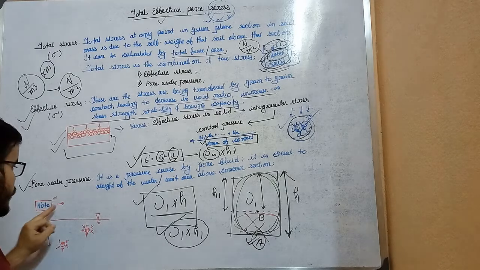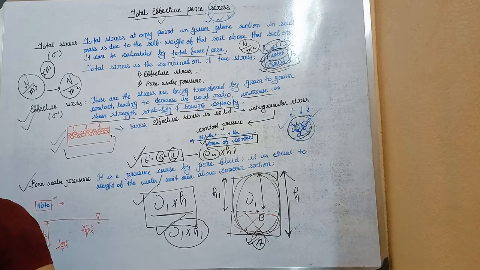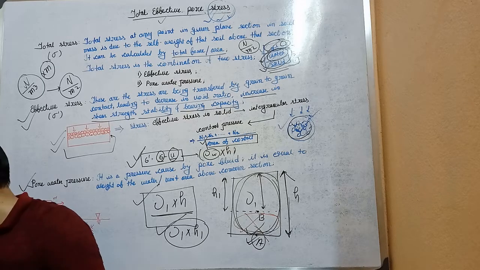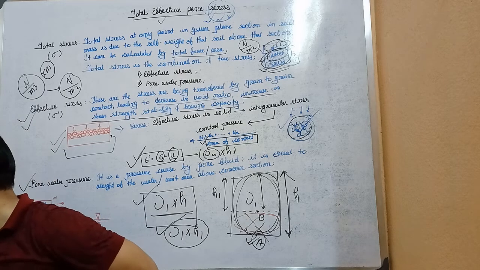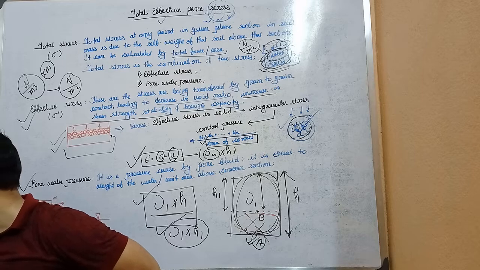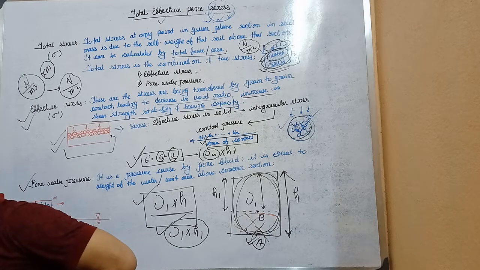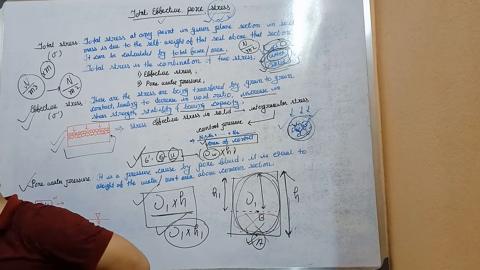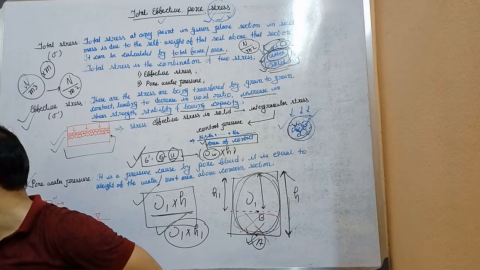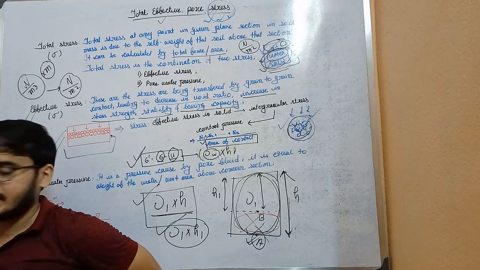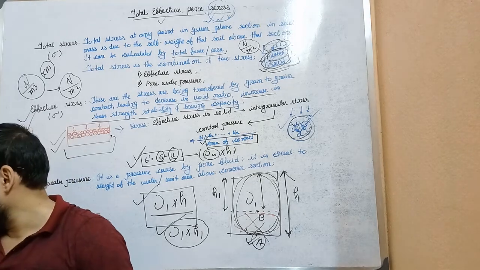Okay, and write down a note here, that since water pressure acts all around the soil solid and is equal in magnitude, it does not force the soil solids to come in contact with each other. That's why it is also called a neutral pressure.